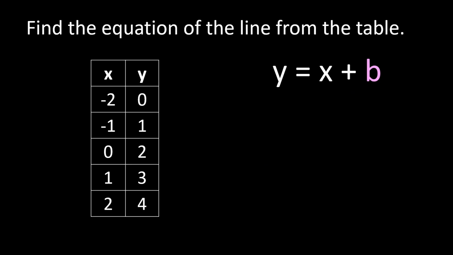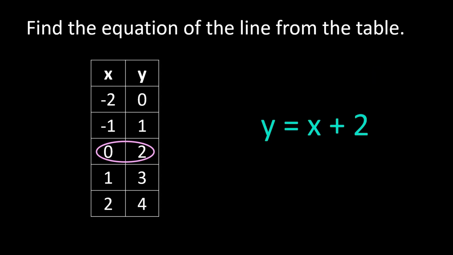Now I still need to find the y-intercept. And the y-intercept is the point where x is 0. Well, the point where x is 0 is here. The y value when x is 0 is 2, so my y-intercept is 2. So the equation of the line represented by this table is y equals x plus 2.